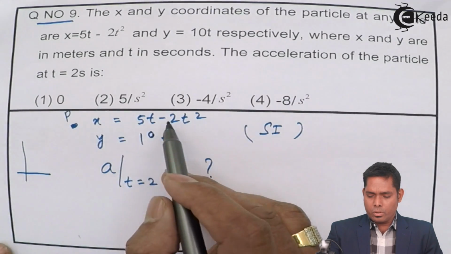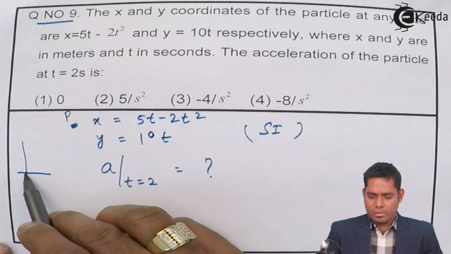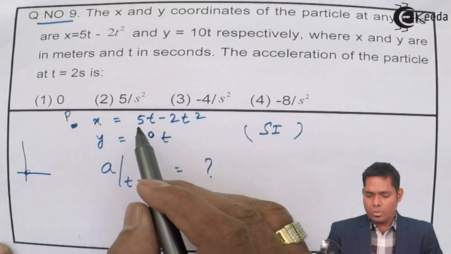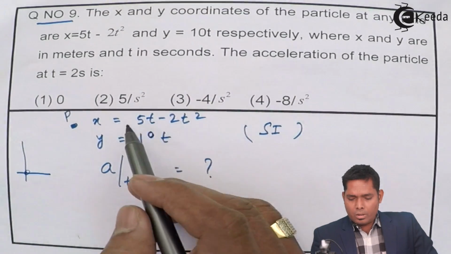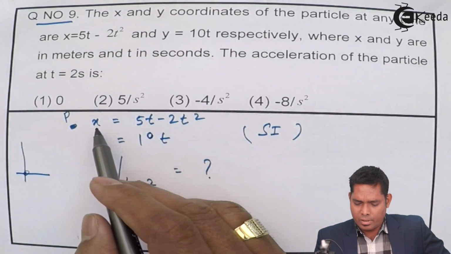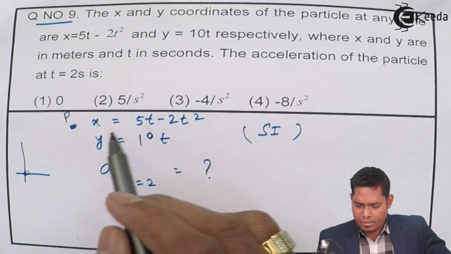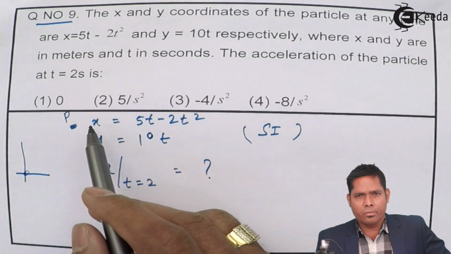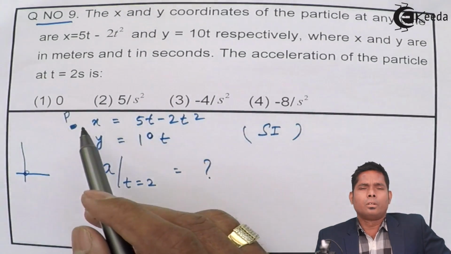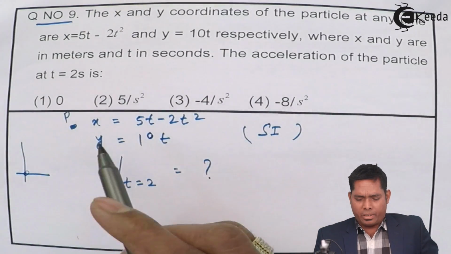So at time t equals 0, the particle is at the origin because everything is 0. Now it starts moving, and to find what acceleration is actually there, when you know the x coordinate and y coordinate, we can differentiate that to get the velocity components.